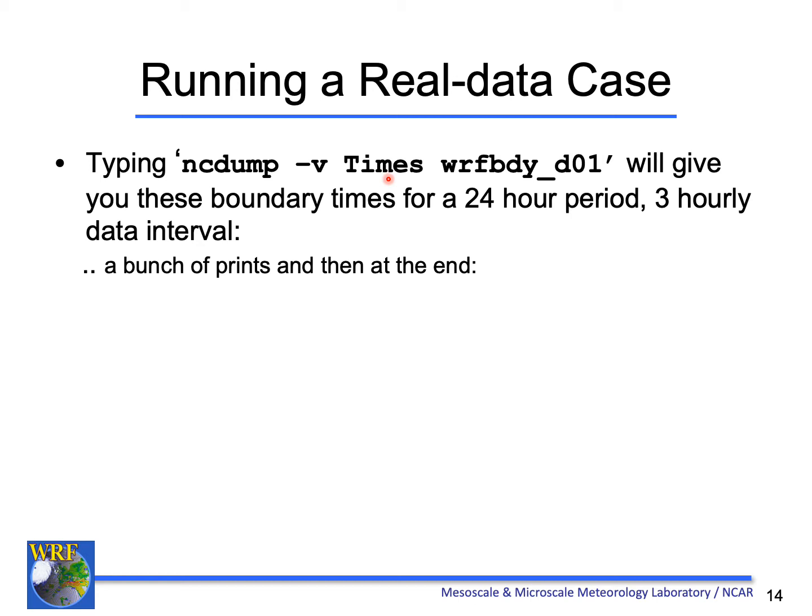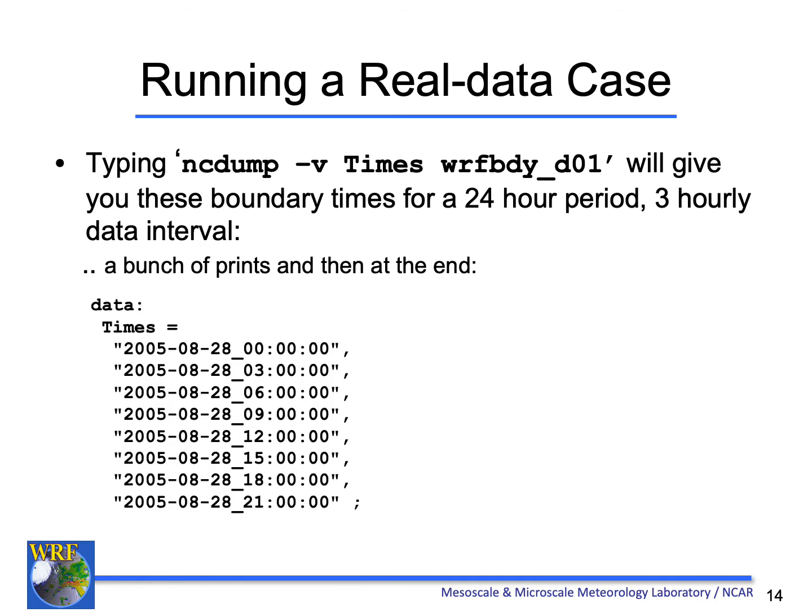If we prepare data for a 24-hour model run at a 3-hourly interval, we will have 9 WPS output files. With that, we would be able to produce a WRF BDY file that contains 8 available times.